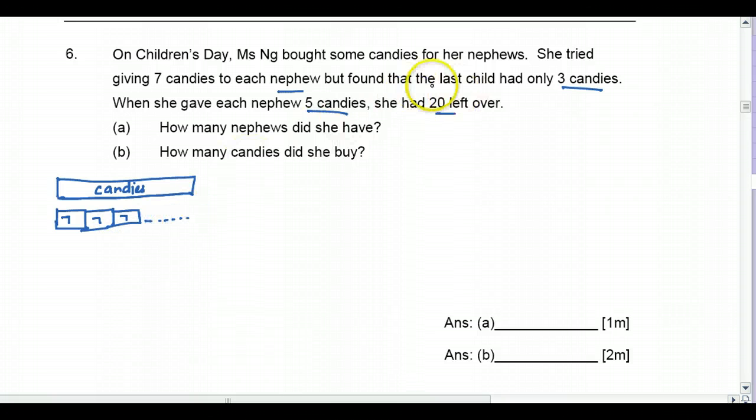She found that the last child only had 3, so she needs another 4, right? Because the last child only had 3, so she needs another 4 to make up 7. When she gave each nephew 5 candies, now they only receive 5 candies.